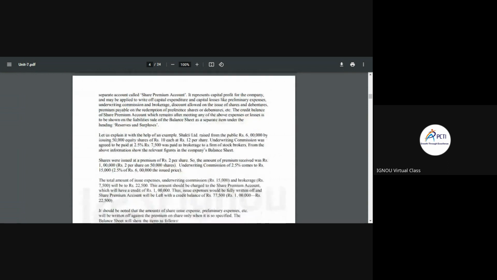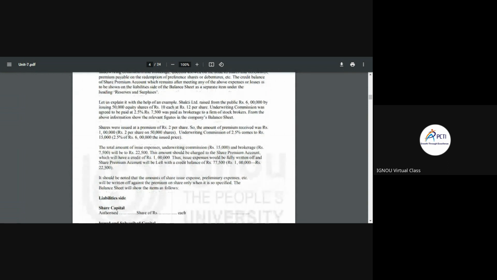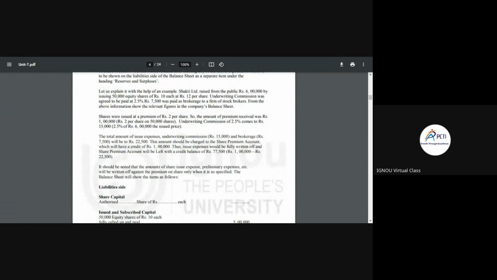We have an illustration to understand this particular premium. Shakti Limited raised 6 lakh from the public by issuing 50,000 equity shares of rupees 10 each, and they are giving it to the public at rupees 12 per share.